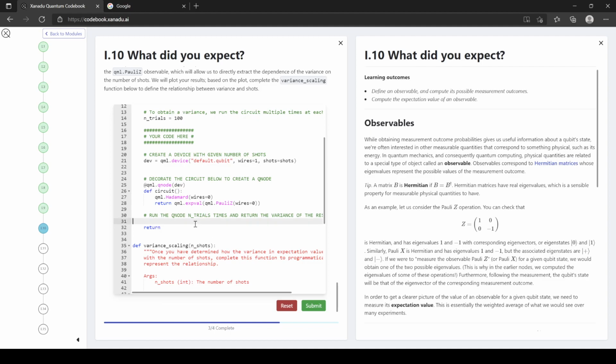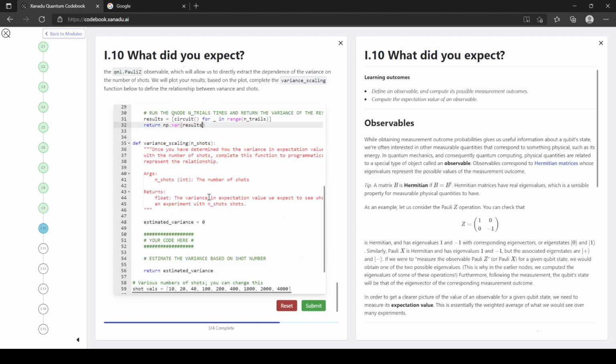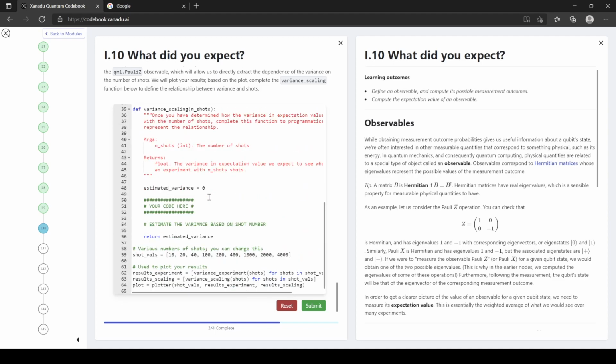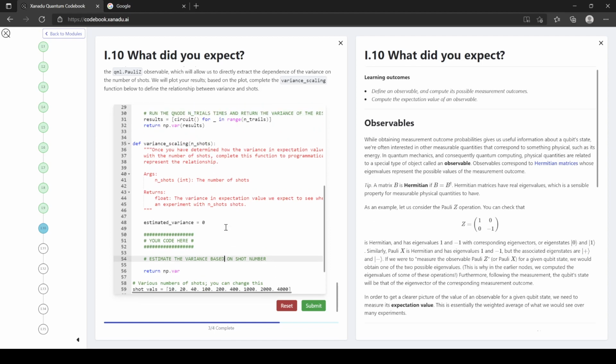Okay, so we want to do results equals circuit for in range n trials, and then we want to return the variance of the results. The variance. Oh, okay, well, we will just do the variance of the shots. Oh. We actually need to call the other function.